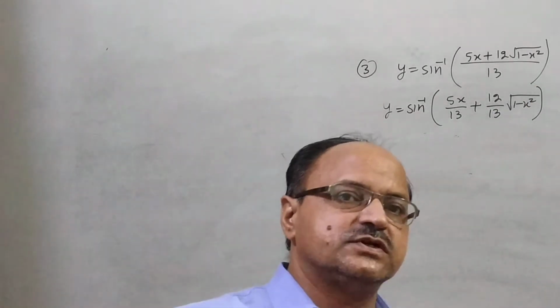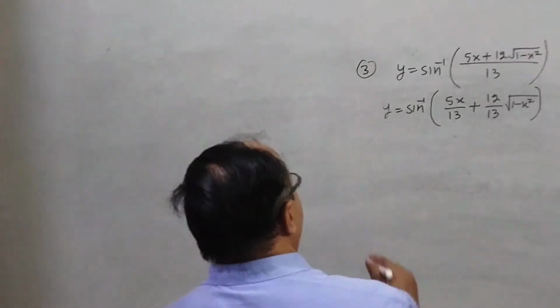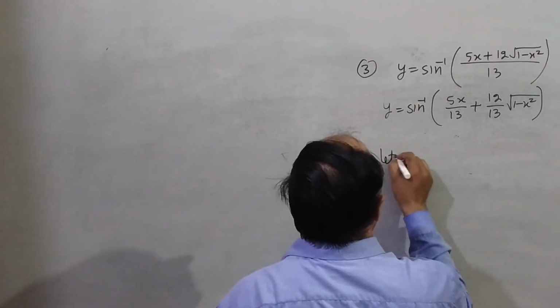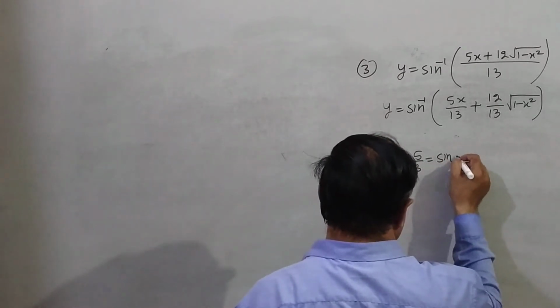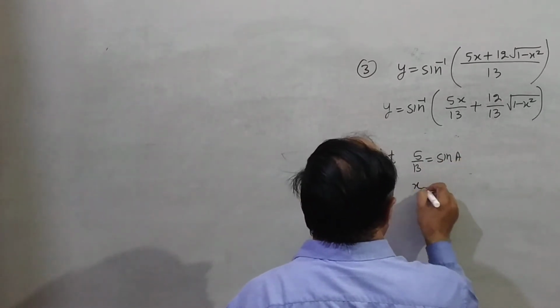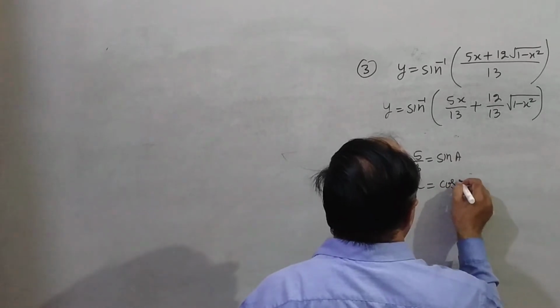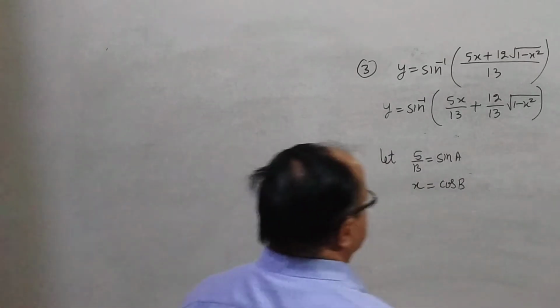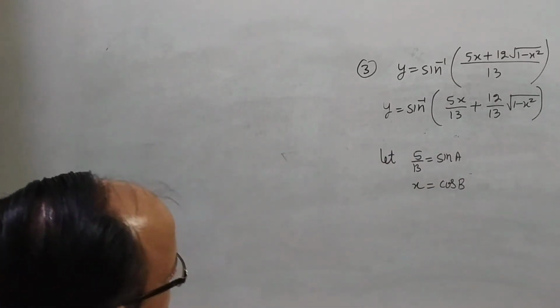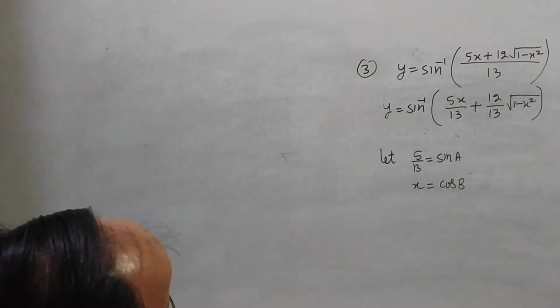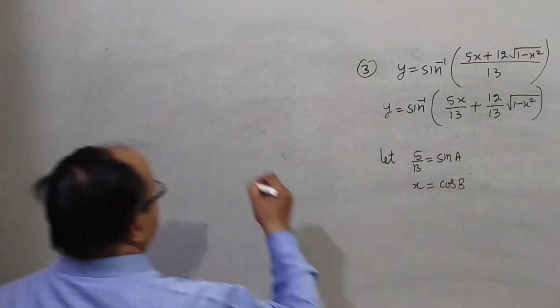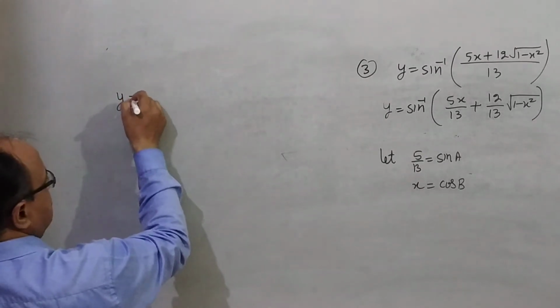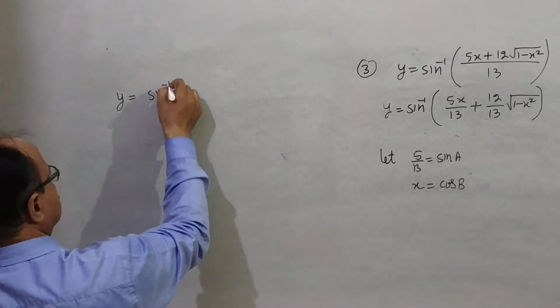In this question, we have to let 5 by 13 is equal to sin A and x is equal to cos B. Clear? Now we solve sine inverse.